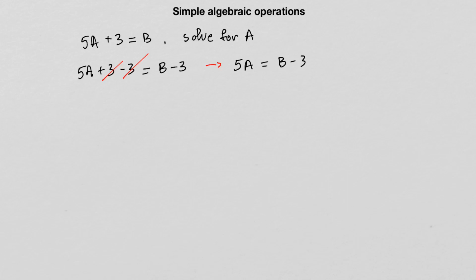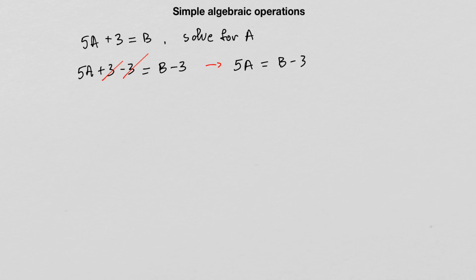So now recall the previous example from the previous slide where I have the unknown quantity multiplied by a number. So in order to have only the unknown quantity alone on the left-hand side, I must divide both sides by 5 here.